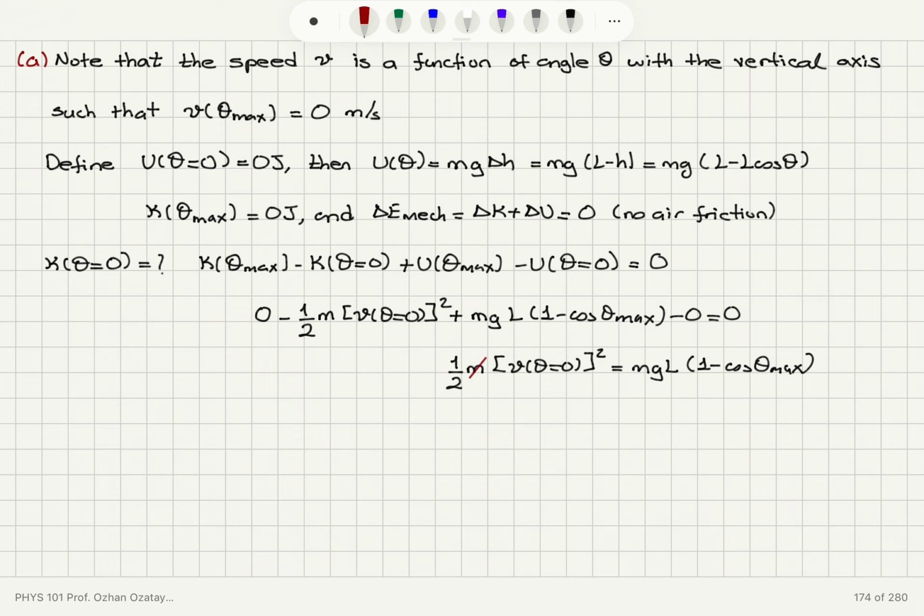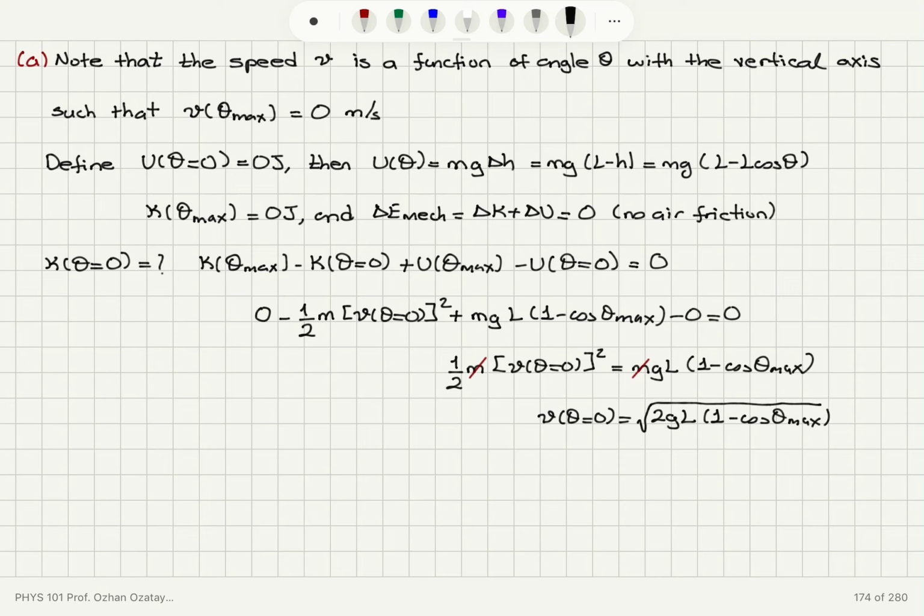The m's will cancel, and I will be left with the speed at theta equals 0 given by the square root of 2gL times 1 minus cosine theta maximum.